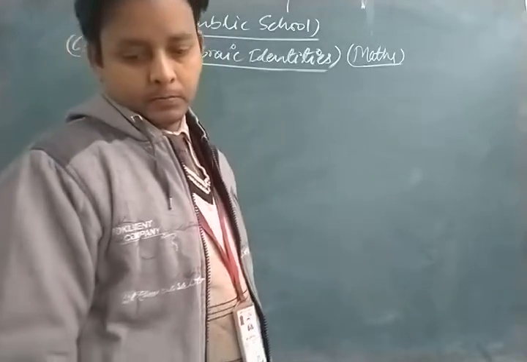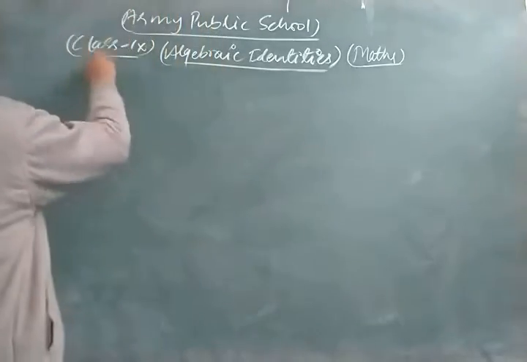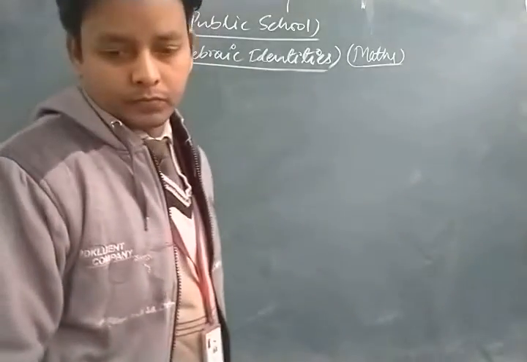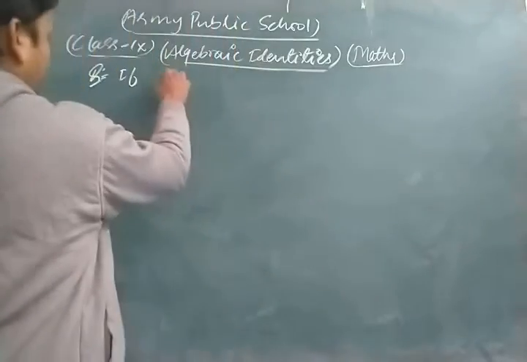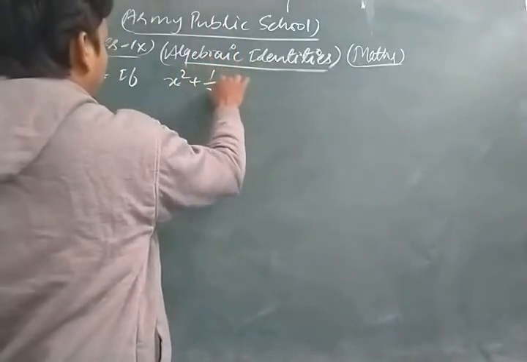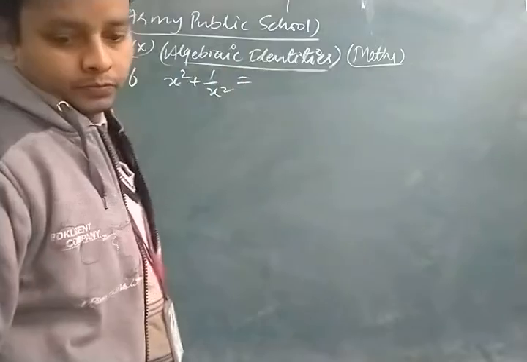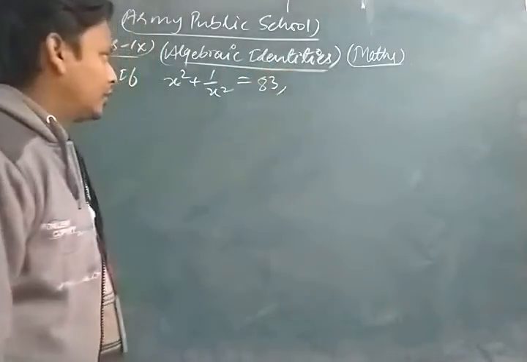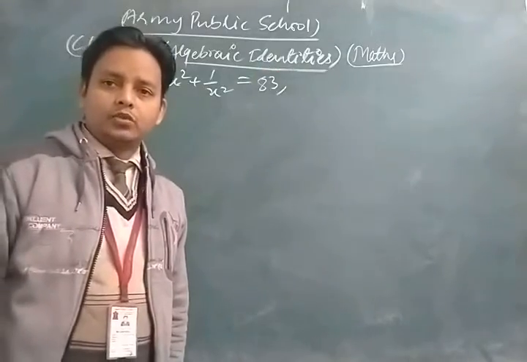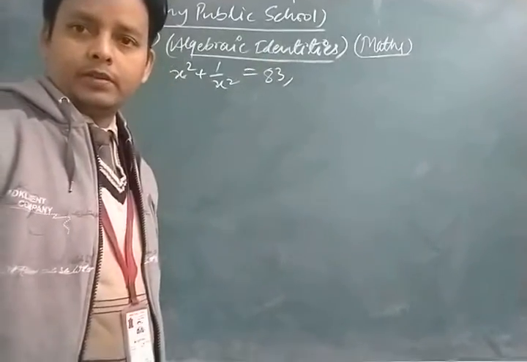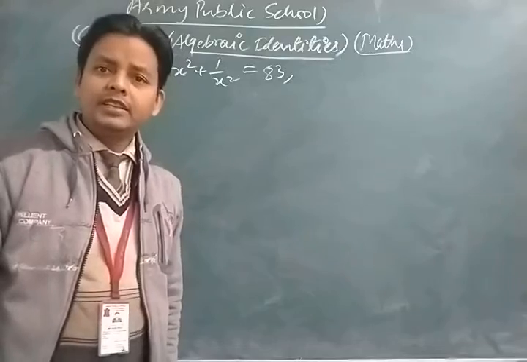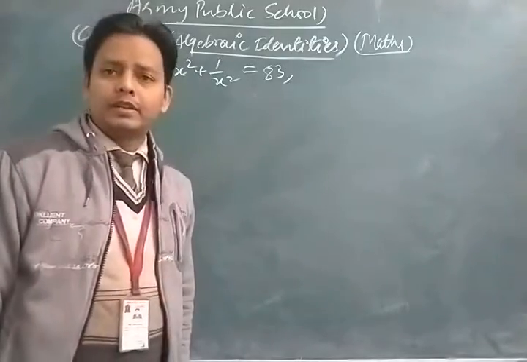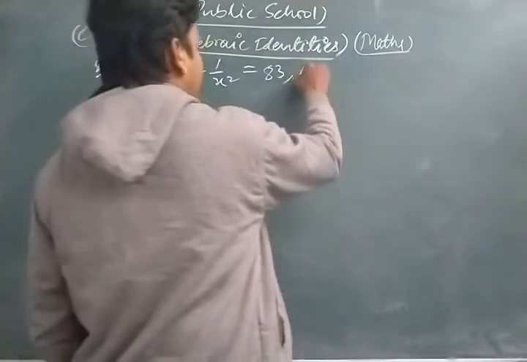The question is, a very important question: if x square plus 1 upon x square is equal to 83, find the value of x cube minus 1 upon x cube.